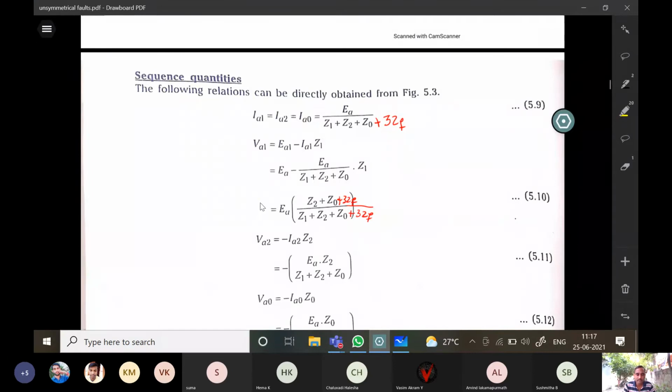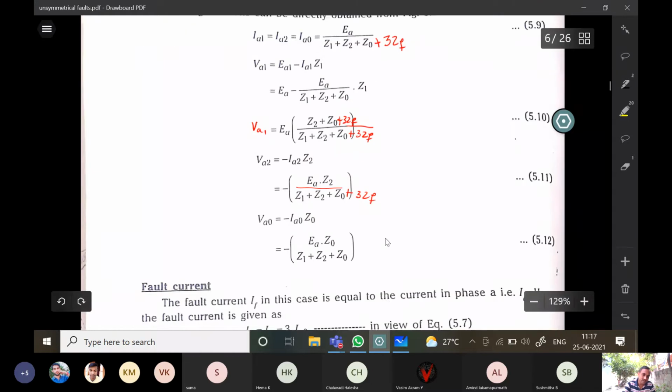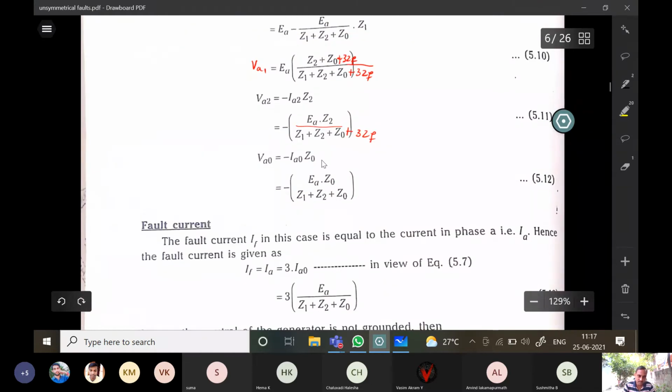That is to be added for VA1, and for VA2 also: minus IA2 into Z2, so minus EA into Z2 by Z1 plus Z2 plus Z0 plus 3 times ZF. And VA0 is equal to minus IA0 into Z0. In this case also, minus EA into Z0 divided by Z1 plus Z2 plus Z0 plus 3 times ZF. That is added here.